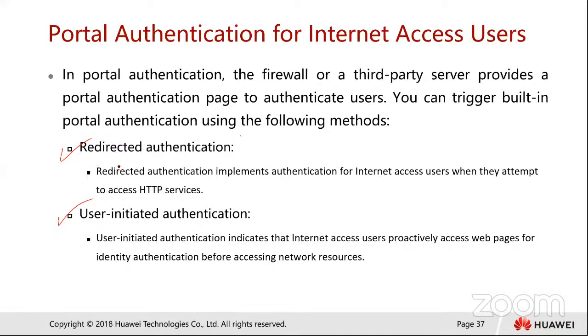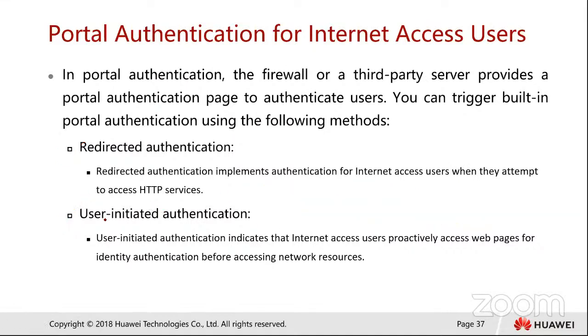Redirected authentication implements authentication for internet access users when they attempt to access HTTP services. So when you are trying to visit google.com and you're loading the page, you'll be redirected and told to please log into this page, provide your username and details. And then after passing the authentication, it can redirect you back to google.com.